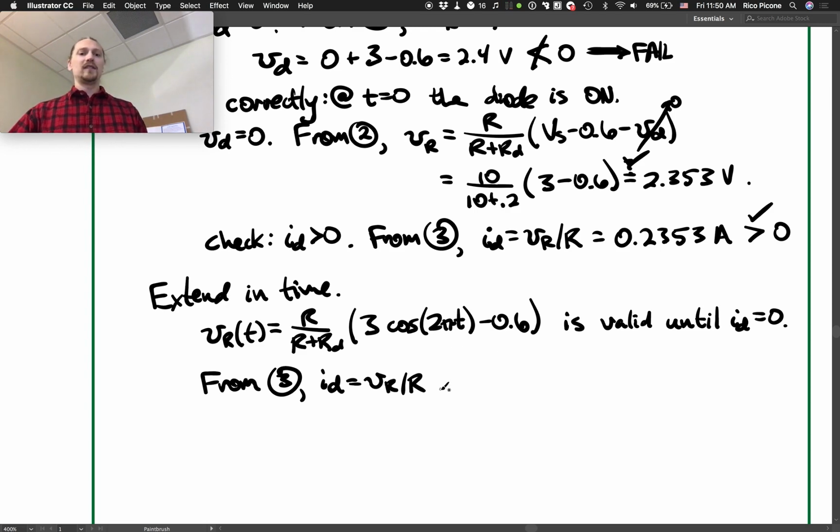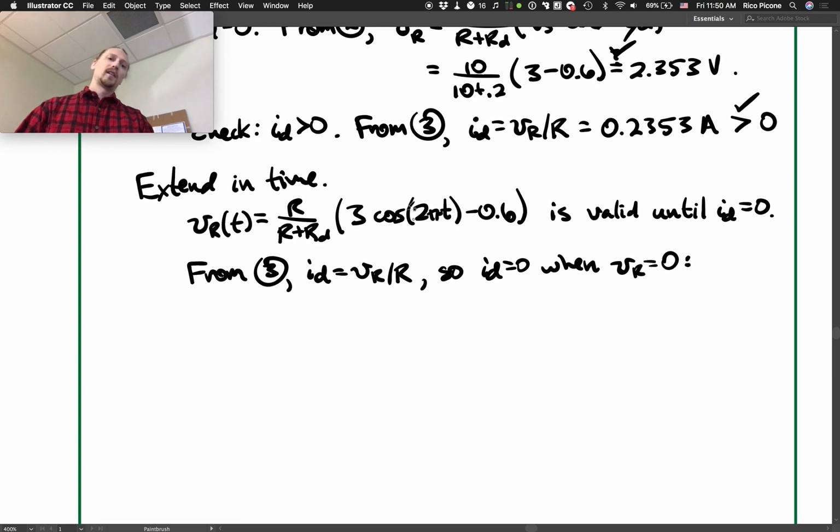So ID equals 0 when VR equals 0, right? So VR equals 0 when 3 times cosine 2 pi t minus 0.6 equals 0.